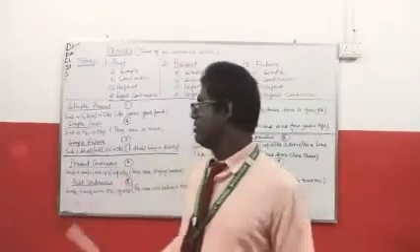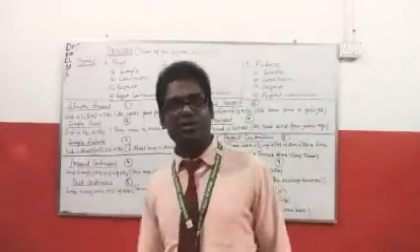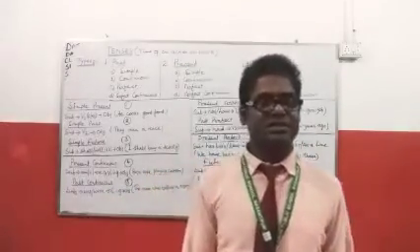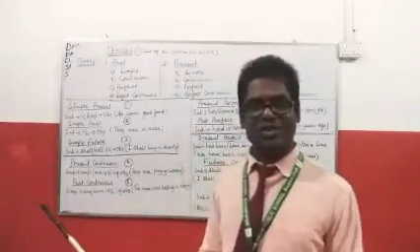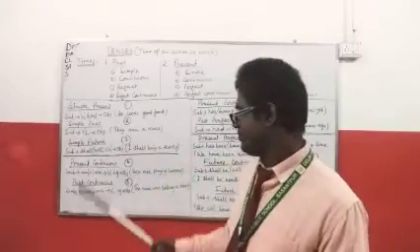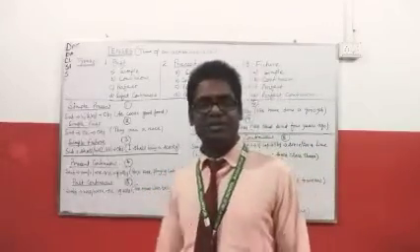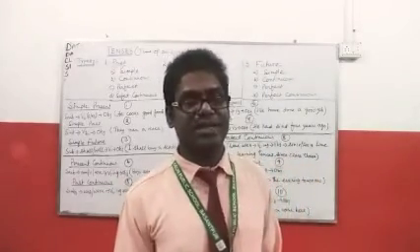Okay? Simple present structure, that means how can we make a sentence in simple present tense? First there will be the subject. Always in any sentence, first there must be a subject. Then V1, that means we know the three forms of verbs: first, second, third.